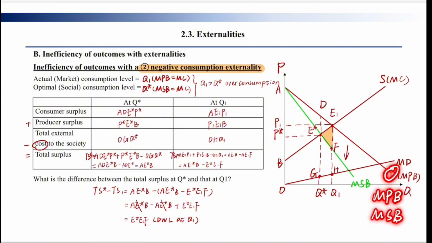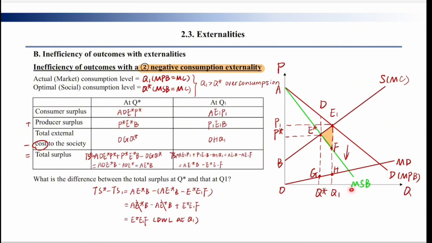But if we consider the externality now, it means that this MD affects the MSB, because the MSB considers the whole society. So the MSB will deviate from this D curve and it will decrease.